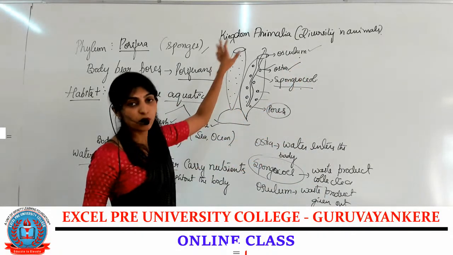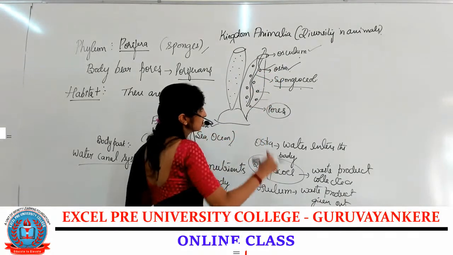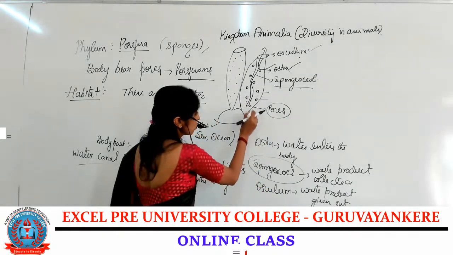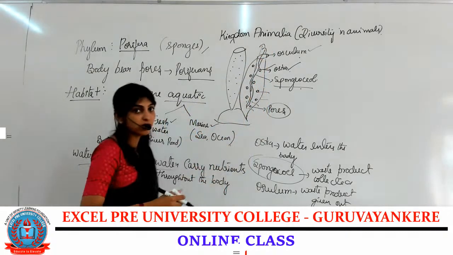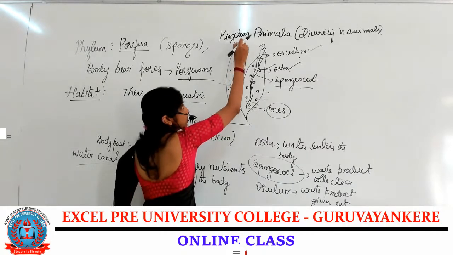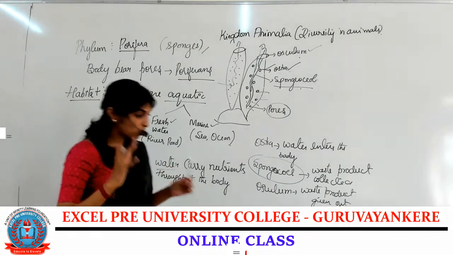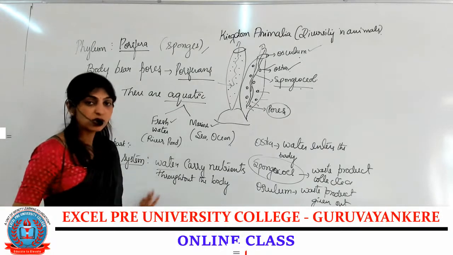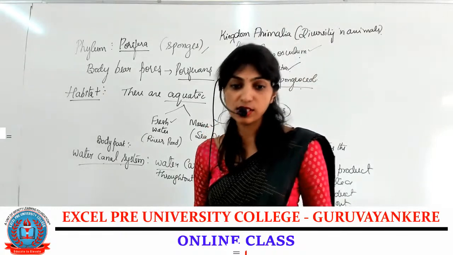A water canal system is formed. Water enters through ostia, moves to the spongiocele, and through the osculum it is given out. This whole structure we call the water canal system. That is why they say poriferans bear a water canal system.